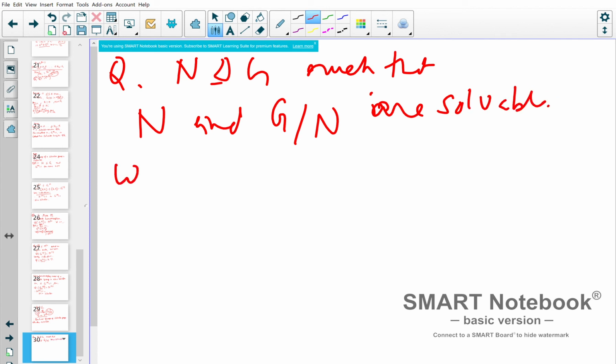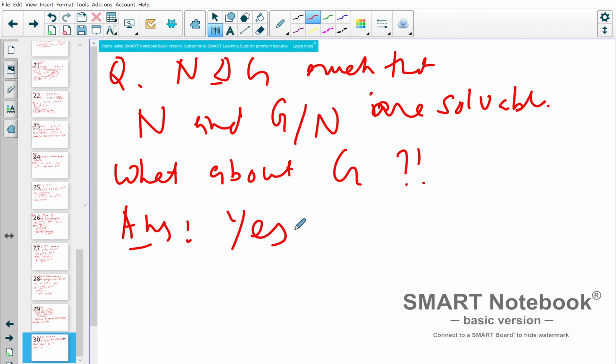What about G? I am asking: if you know the quotient group and the normal subgroup are both solvable, can you say that G is solvable or not? And the answer is yes, G is solvable. How do you prove that G is solvable?